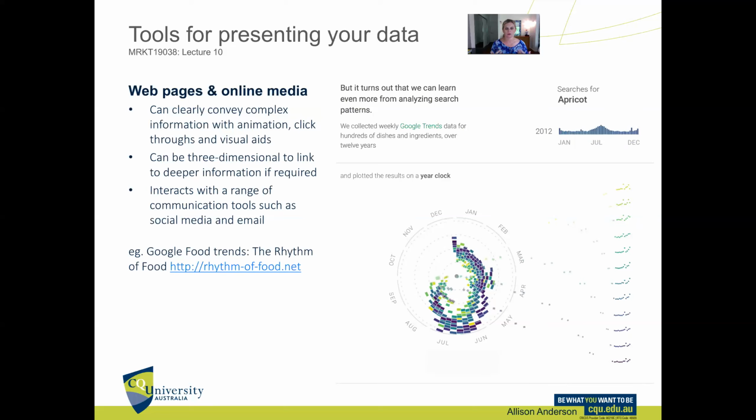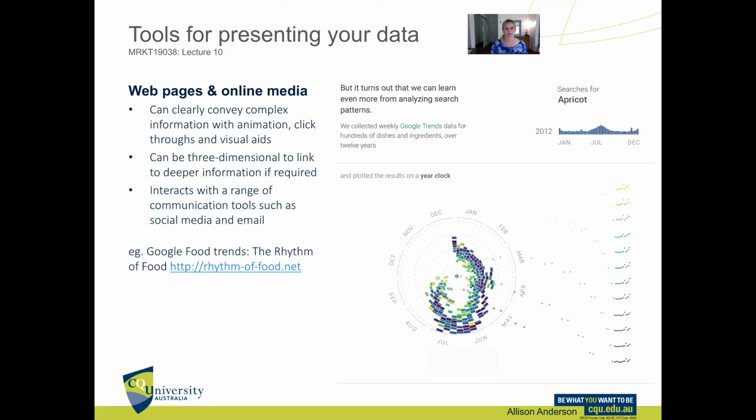This is actually animated. When you click on it, this shows over the year how searches for apricots are globally conducted on Google, which is kind of interesting. Quite interesting to see the Southern Hemisphere and the Northern Hemisphere, where maybe the seasons are different too.